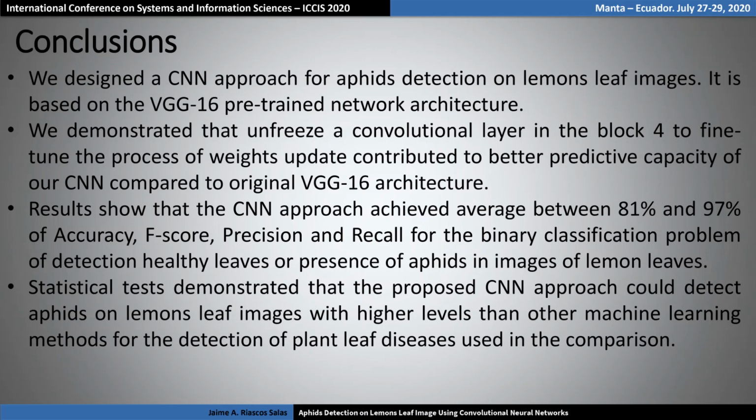The results show that the CNN approach achieved averages between 81% and 97% of accuracy, F-score, precision, and recall for the binary classification problem. A statistical test demonstrated that the proposed CNN approach could detect aphids on lemon leaf images with higher levels than other machine learning methods.